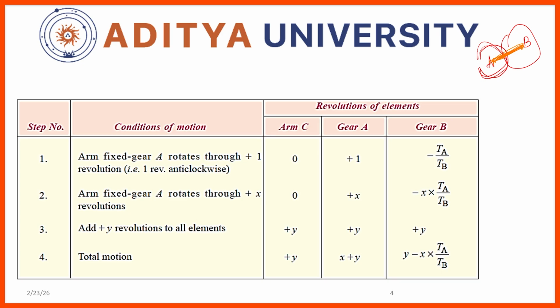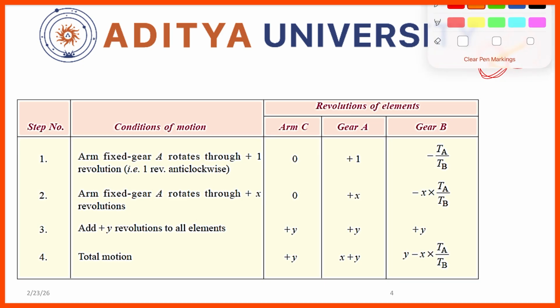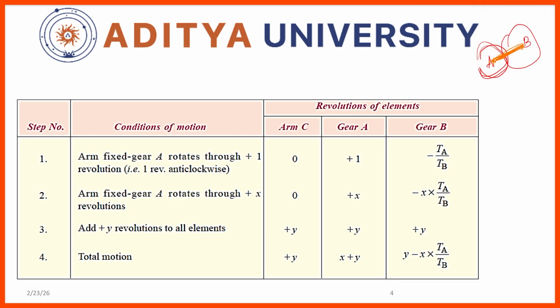Now from this we need to write very clearly 4 steps, same procedure for every problem. The only thing is the components will change. There may be some next component. As many components you go on increasing, but the first column will be step number 1. Definitely you are having only 4 steps.